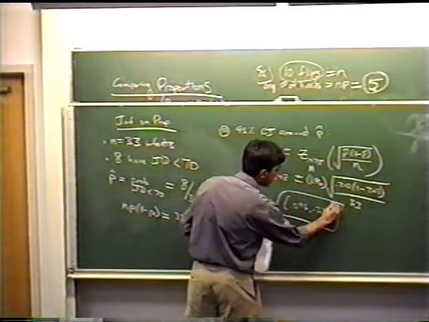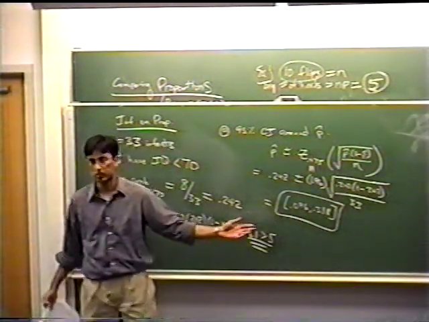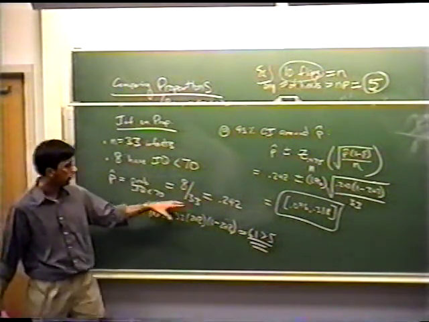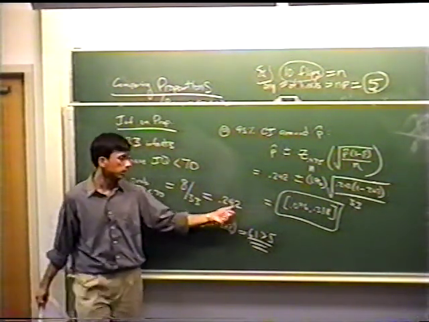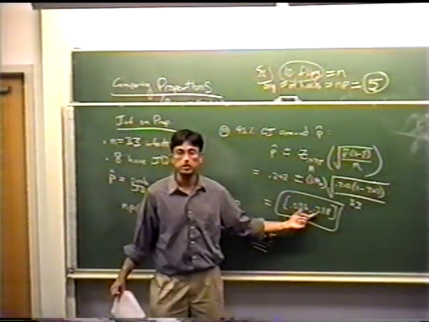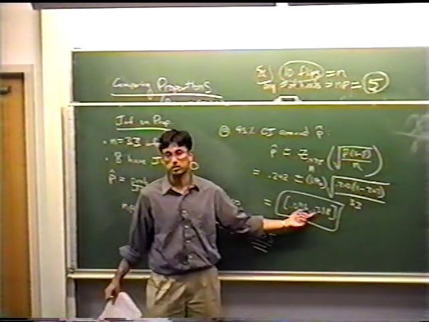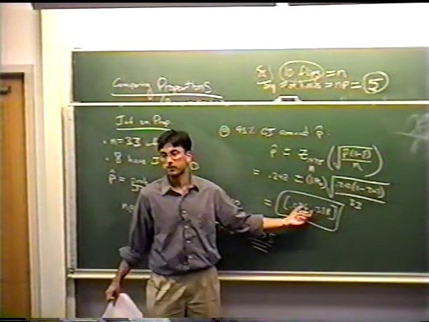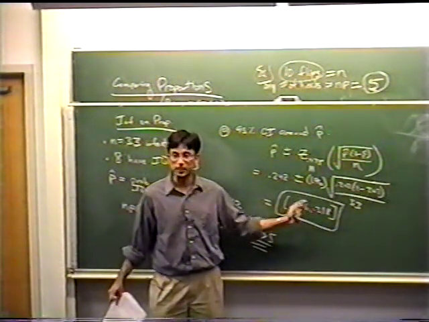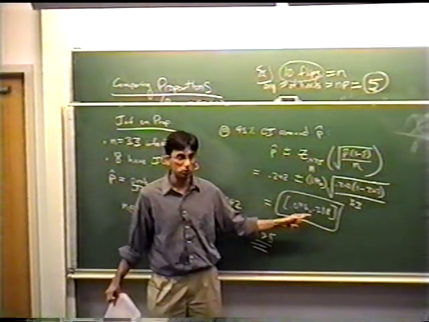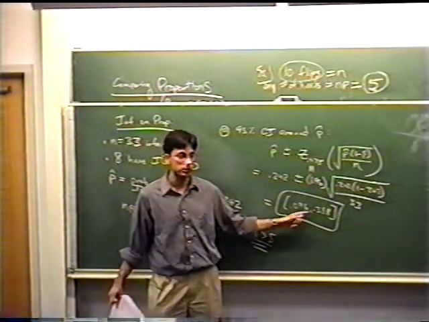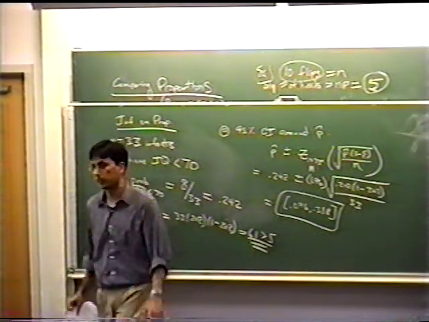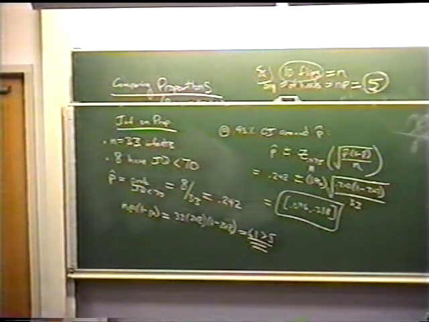So what does this range tell us? We're 95% confident that the true probability of the population lies within this range. That's what we know with this 95% confidence interval.